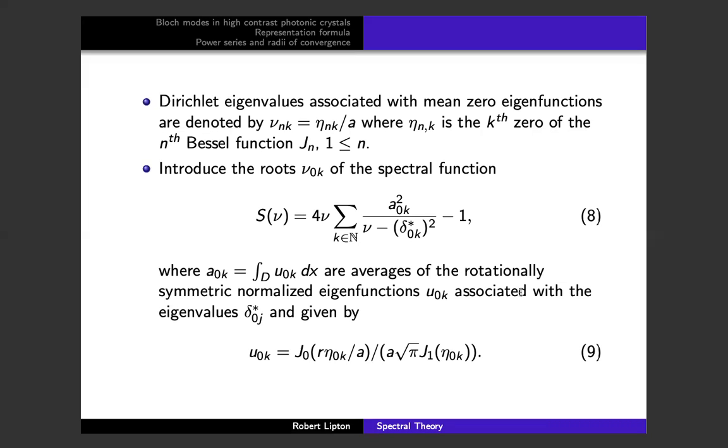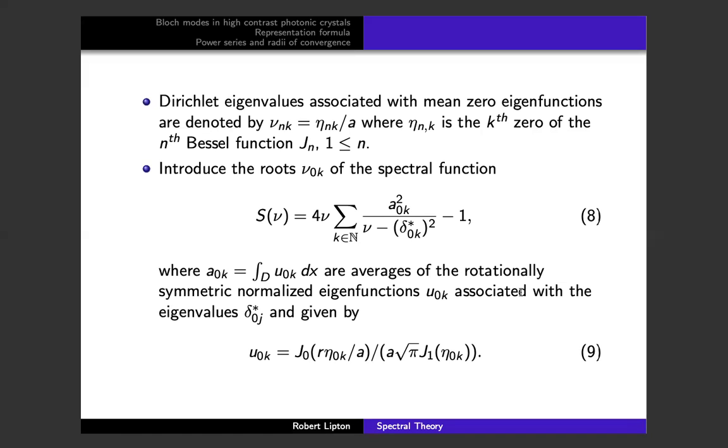The Dirichlet eigenvalues with non-zero mean are the delta stars, and then we also look at the mean zero ones. The mean zero ones are these nu nk, and those are associated with the nth Bessel functions for n bigger than or equal to 1.